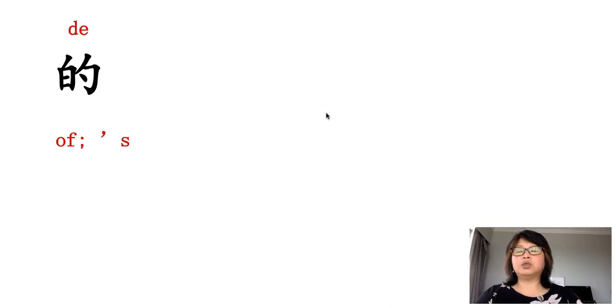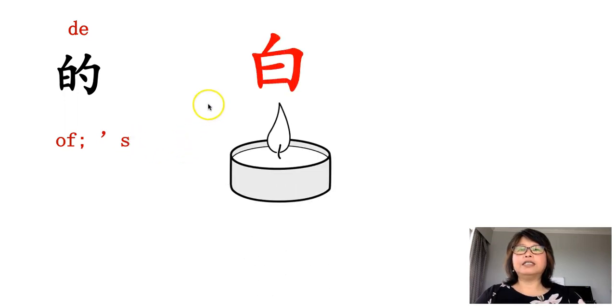This is the functional word 的, more like 'of' something, to show possession or belonging, or more like apostrophe s. We break this up. On the left is a candle, so the candle can give us light.